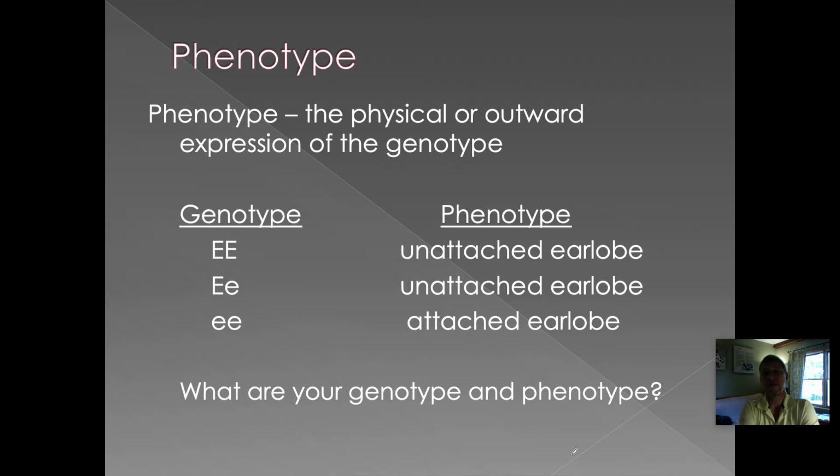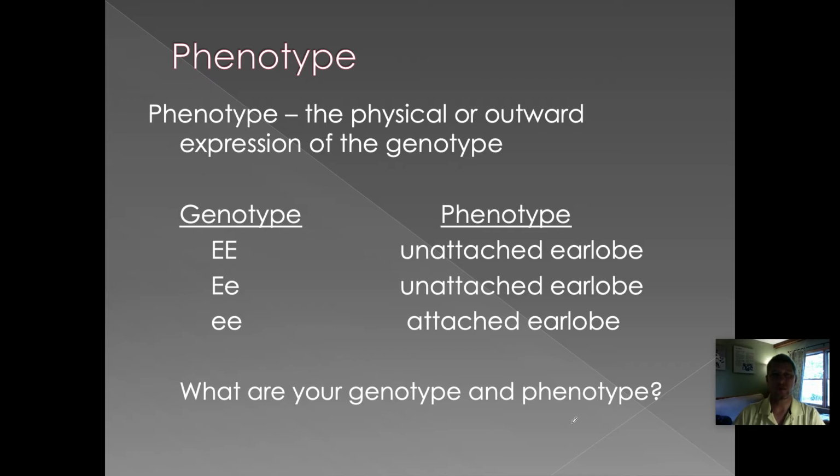Okay. Now, the expression of that genotype is what we call the phenotype. This is what the person actually looks like, or what trait they actually express. So by definition, the phenotype is the physical or outward expression of the genotype. Let's take, for example, the earlobe question. All right, we've already said that an unattached earlobe is the dominant trait.